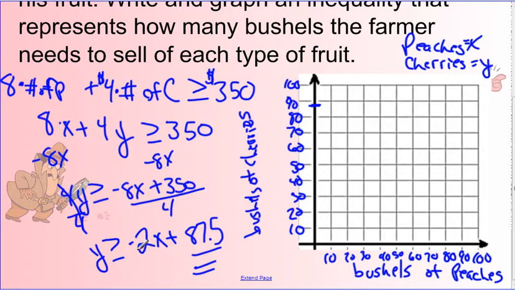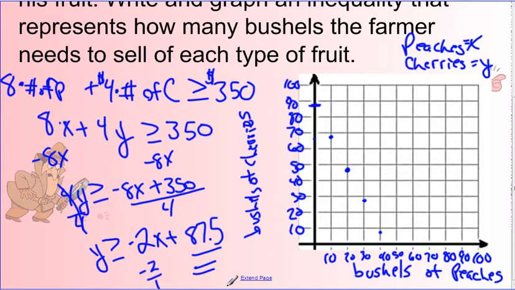Now the slope is negative 2. So from here, I go down 2, over 1. Remember, as a fraction this is negative 2 over 1. Down 2, over 1, and again, down 2, over 1. So you see we have a line here.